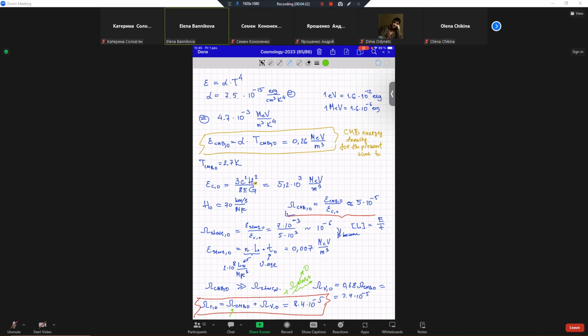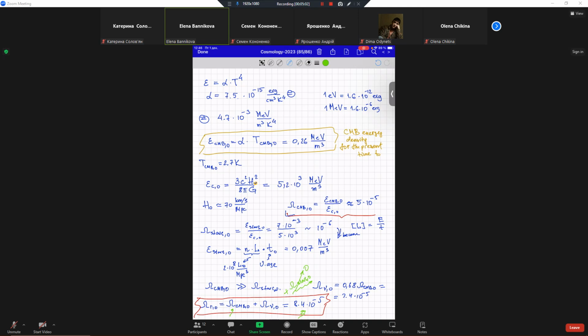Due to this, the emission of all stars will not be so important. It will not give a lot of contribution to the total energy density of the radiation in comparison to the CMB and also neutrinos. So this is the final number which we have for the relative energy density.